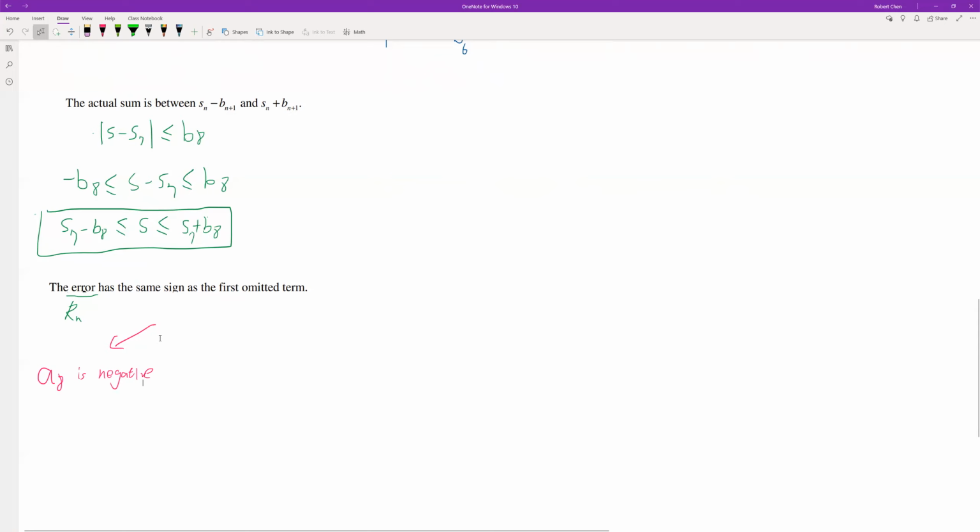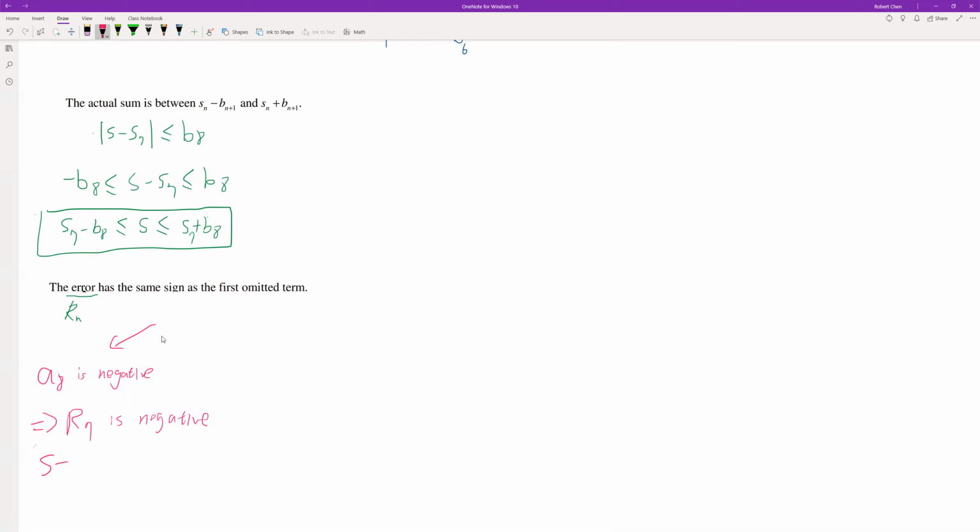But here, since we're looking at signs, we have to include the alternating factor. So if A8 is negative, that means R7 is going to be negative, because the first term, A8, has the largest absolute value, meaning it is going to dominate the sign of the remaining series.